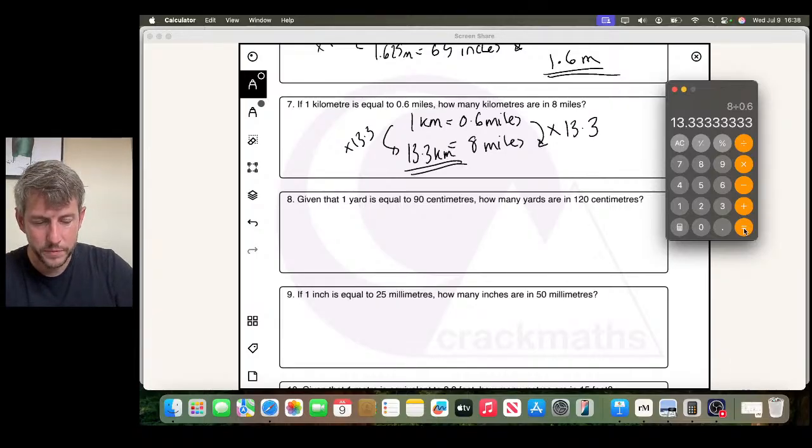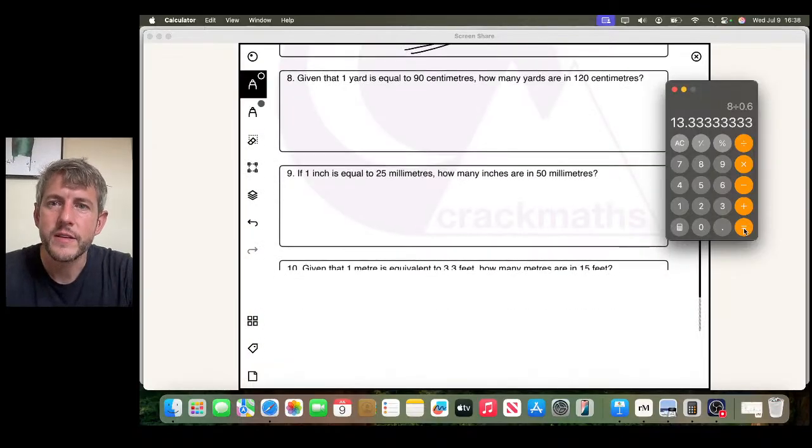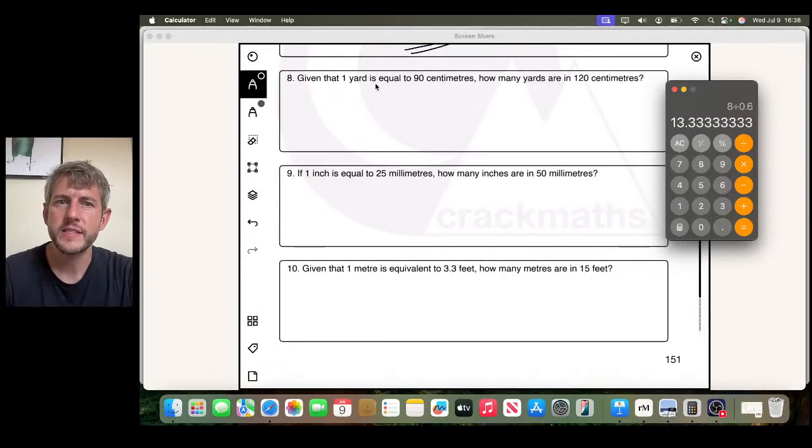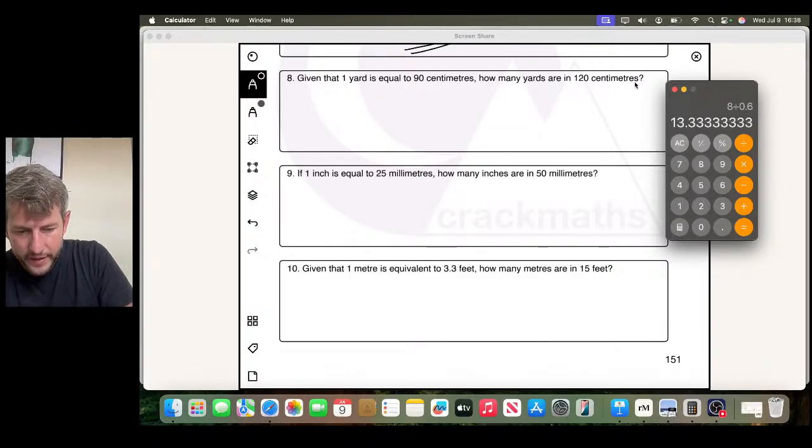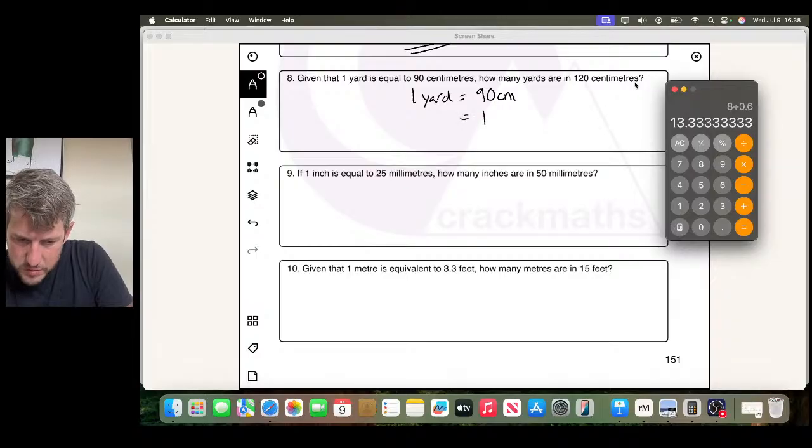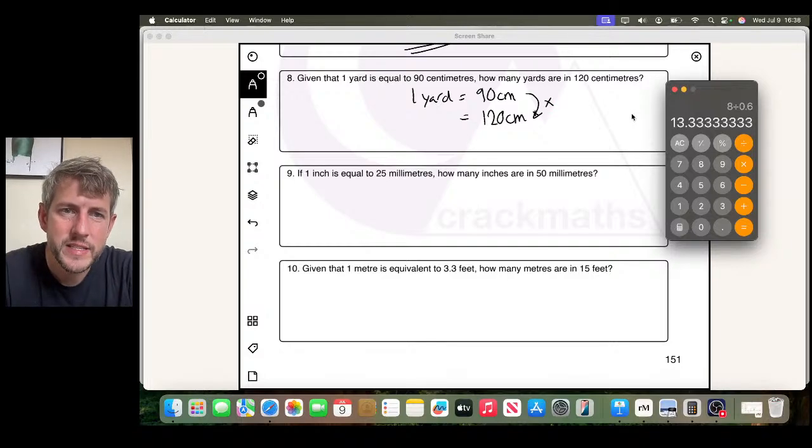Okay, right, next one. Question 8. Given that 1 yard is equal to 90 centimetres, how many yards are in 120 centimetres? So again, we know that 1 yard equals 90 cm. We want to get up to 120 cm. So we need to know what we times 90 by to get to 120.